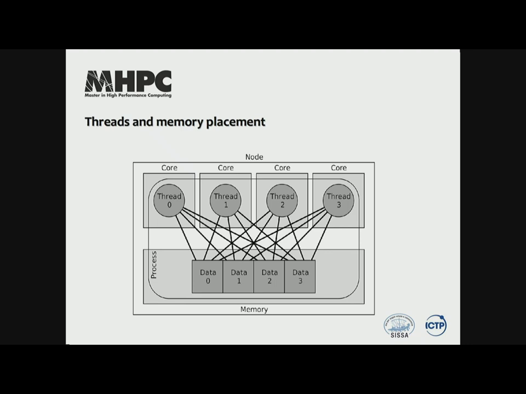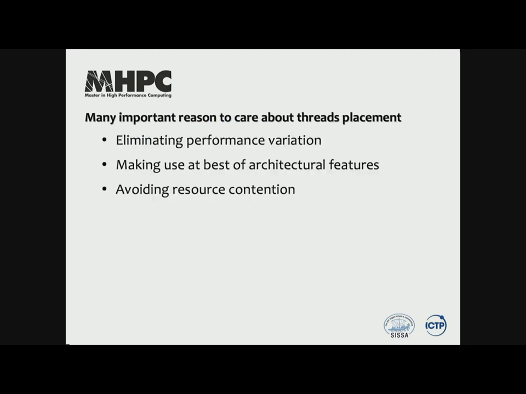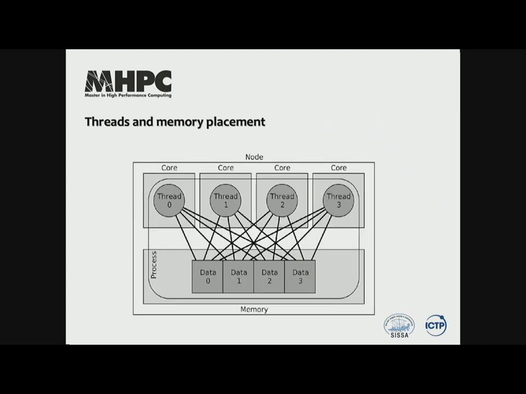The reason why should be clear now. We can eliminate performance variation: if you measure the performance of a thread that is reading here, and then measure your program again with threads that read data that is now far away, times are not consistent, and so it's complicated.